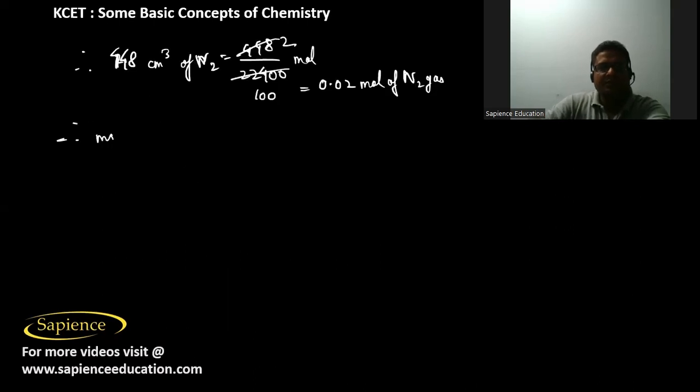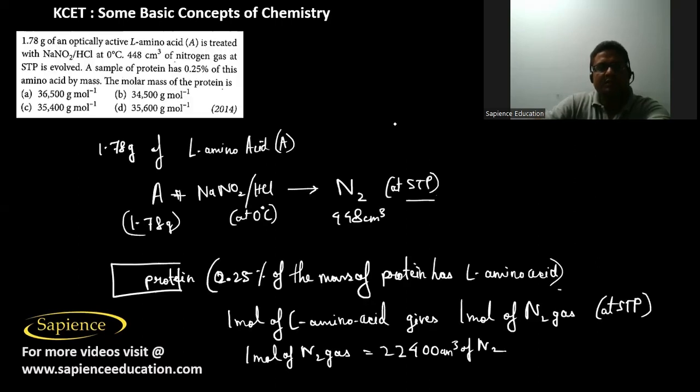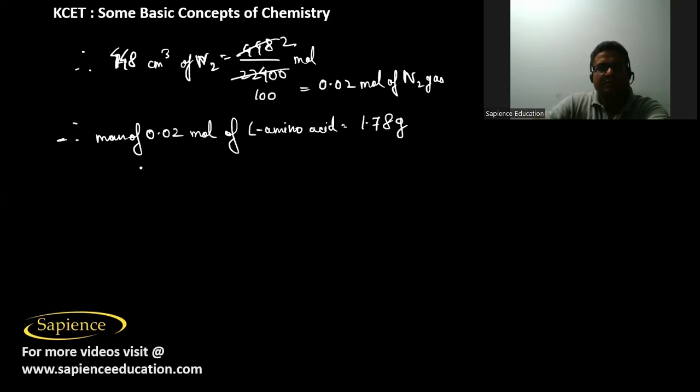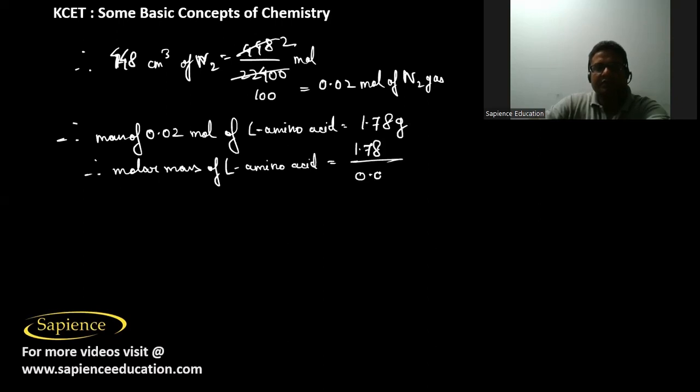Therefore, the mass of 0.02 mole of this L amino acid is equal to 1.78 gram. Therefore, the molar mass of this L amino acid will be equal to 1.78 divided by 0.02 gram.